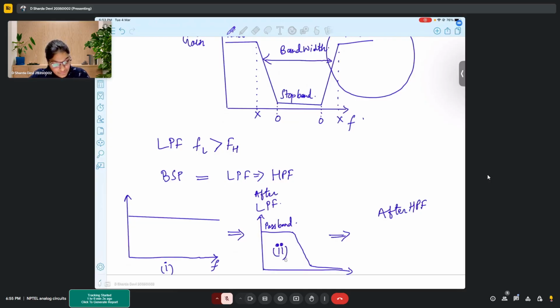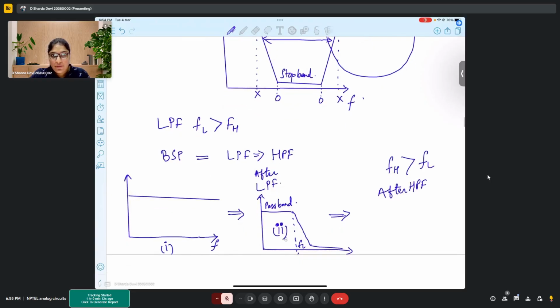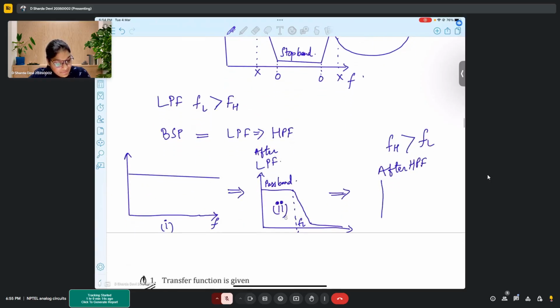So if you say this is your FL, you're saying your FH should be greater than FL. So if my FH is greater than FL and I start drawing, say FH falls somewhere here, and this is your FH position.